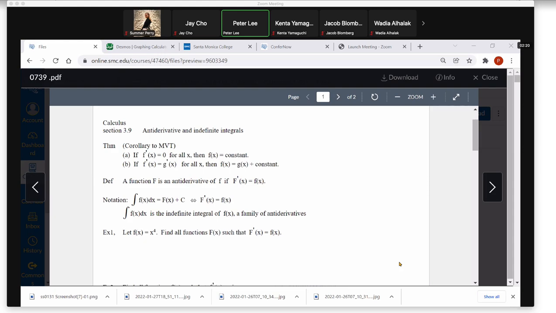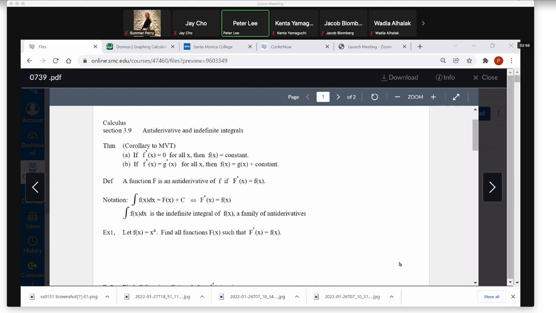Now, section 3.9 is like a bridge section, a link between chapter 3 and chapter 4. This topic, antiderivatives and indefinite integrals, could have belonged to chapter 4 as well. In some calculus textbooks, this topic is at the end of the derivative chapter, or sometimes at the beginning of the integral chapter.